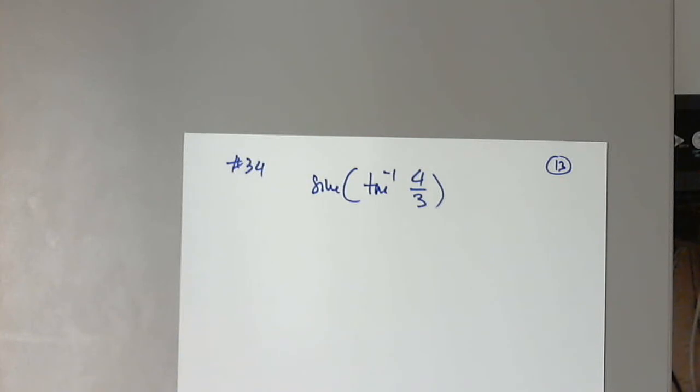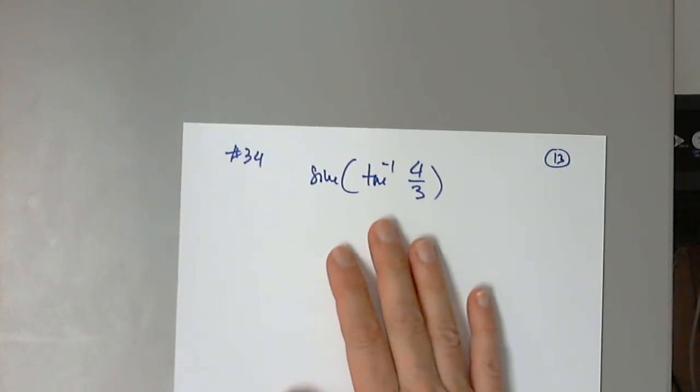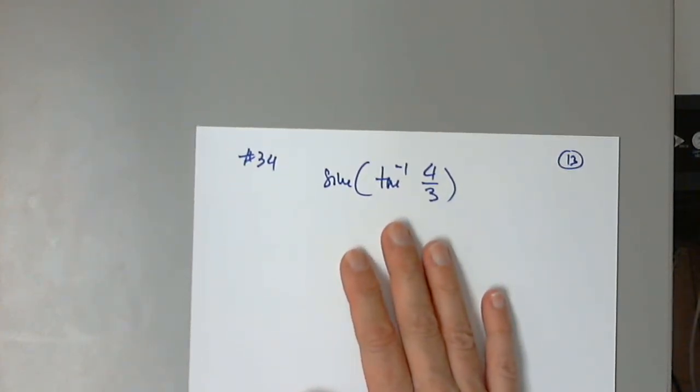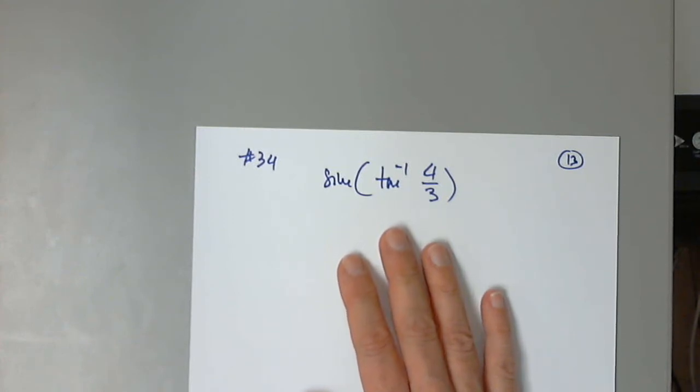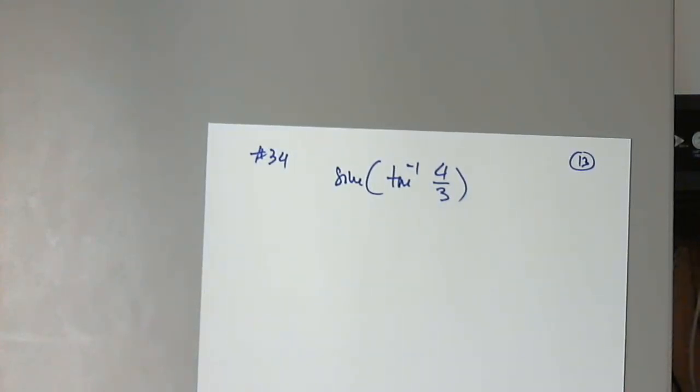I don't know what angle has tangent 4/3. I have no idea. It's not one of the listed angles of 30, 45, 60 degrees. So in this particular case, I will not be able to determine this exactly.